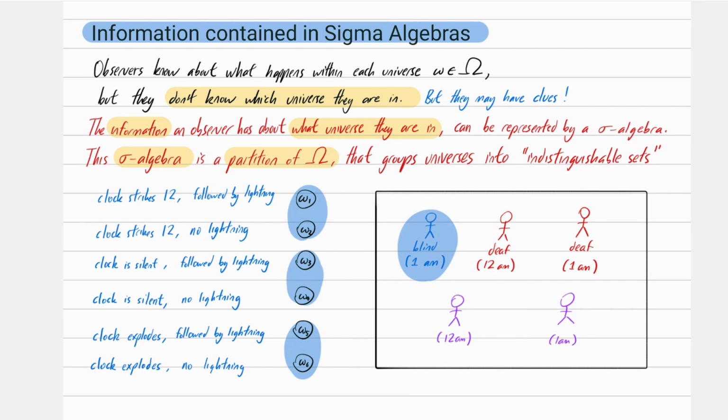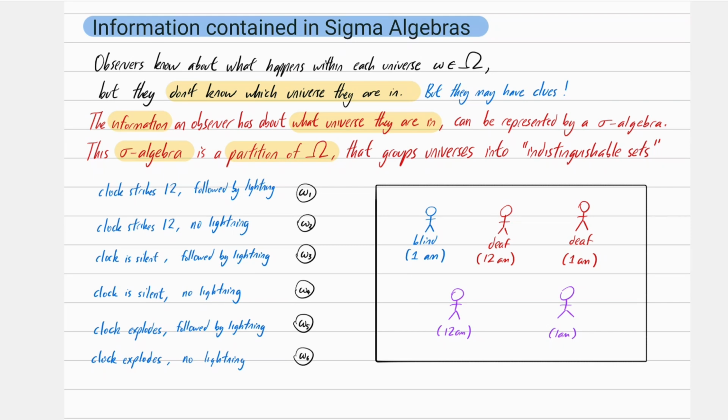However, he has no information about whether lightning struck or not, because he's blind. So because of that, he cannot distinguish between universes omega 1 and omega 2. So these two universes are indistinguishable from the perspective of the blind man. And that's why this set is called an indistinguishable set.